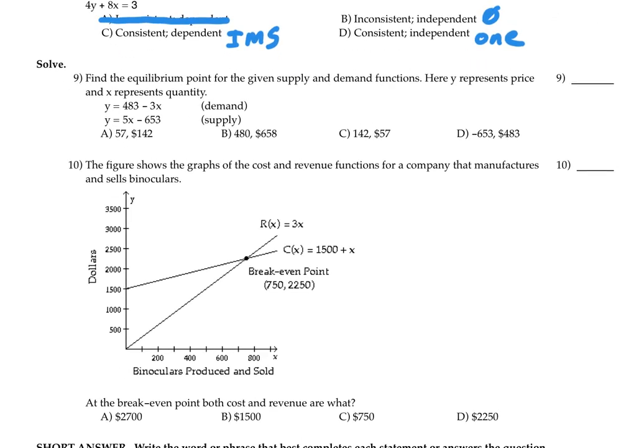Okay. Number 9 is kind of an application problem using all of those different types of methods. And so here, you could graph this, and most of the time we would look at this and say, oh man, this is great to graph because y is already by itself. But because of the big numbers that we have, I probably wouldn't graph this. Because you got 483.